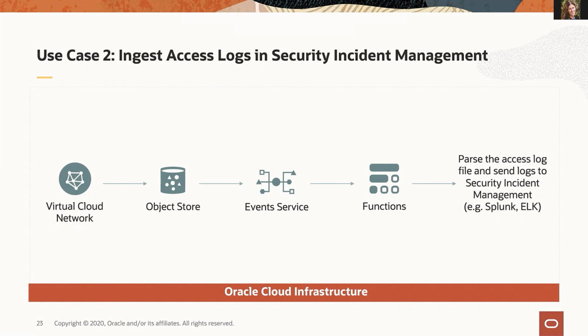Whenever those files are created on the object store bucket, the event service emits an event, picks it up, and triggers a function automatically. And the function would parse these access log files and send them to a SIEM, such as Splunk or Elasticsearch. So you can do more analysis on this traffic.